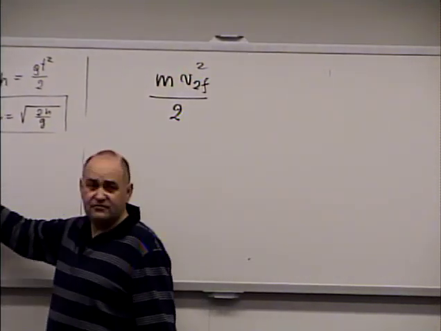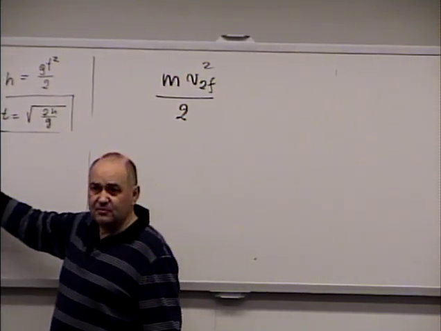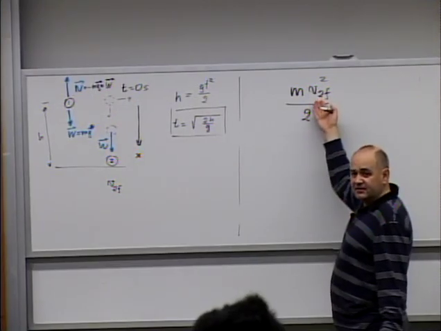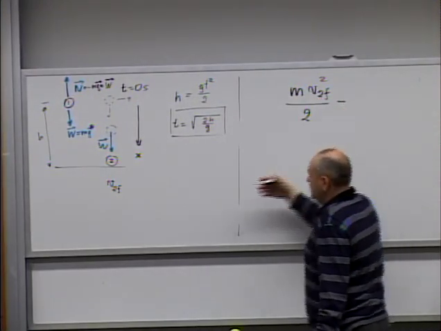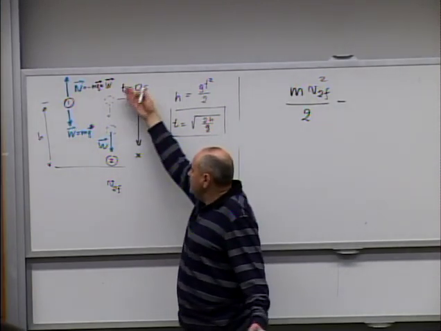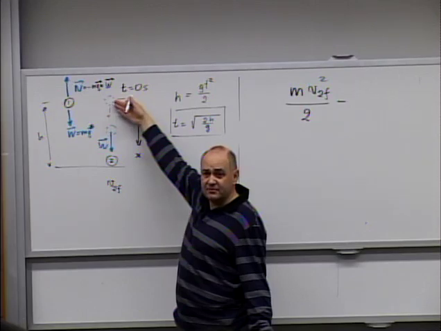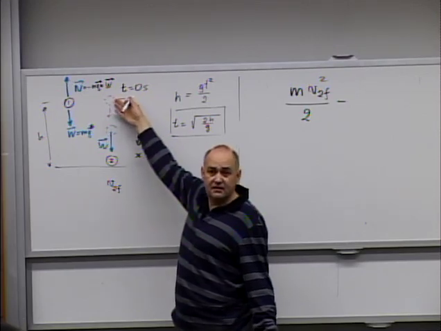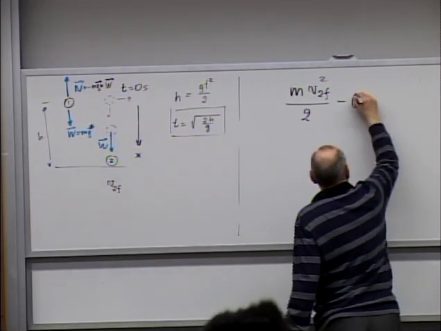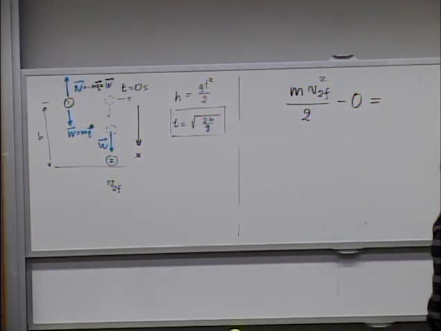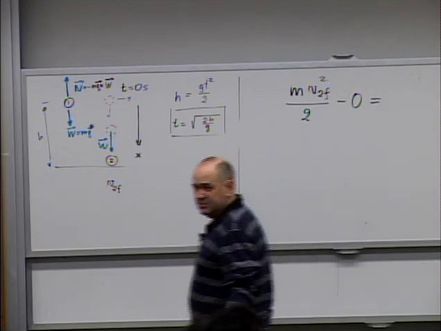This is an expression for kinetic energy at that point in terms of the unknown component of velocity. Now, in order to find the change, I have to subtract the kinetic energy which it had over there. What was the kinetic energy over there? 0.